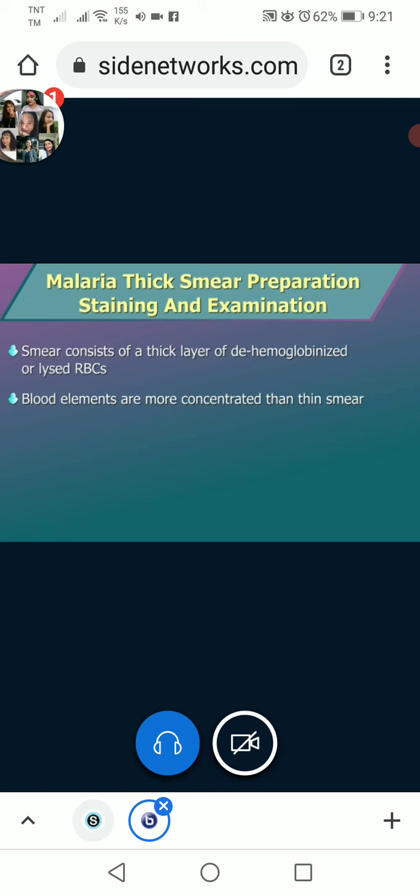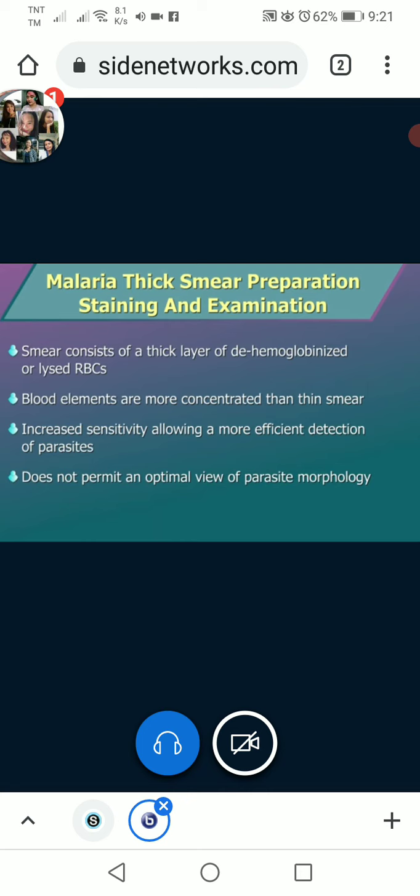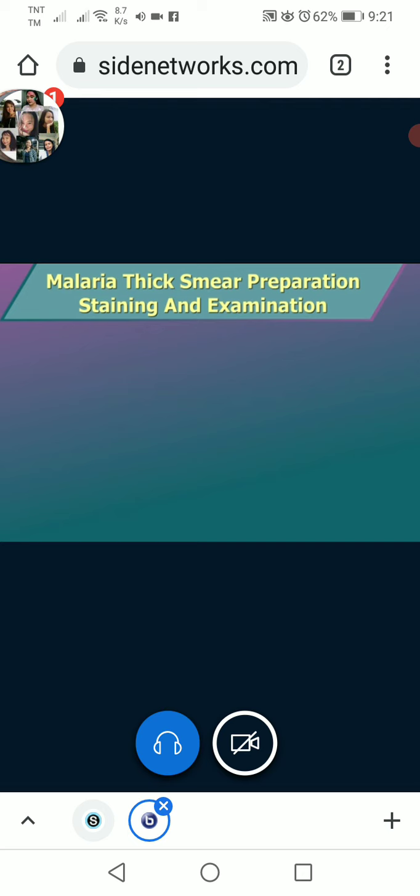Thus, thick smears have an increased sensitivity, allowing a more efficient detection of parasites. However, they do not permit an optimal view of parasite morphology. For example, they are often not adequate for species identification of malarial parasites. If the thick smear is positive for malarial parasites, The thin smear should be used for species identification.